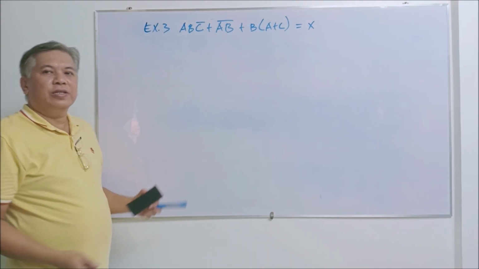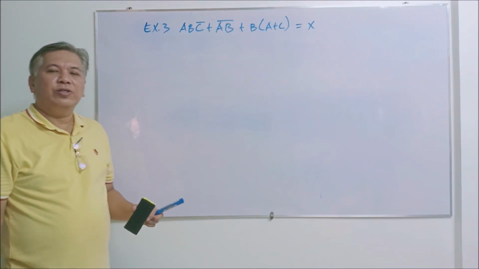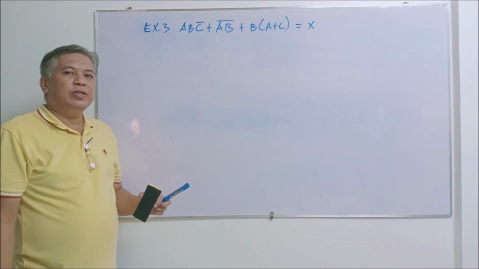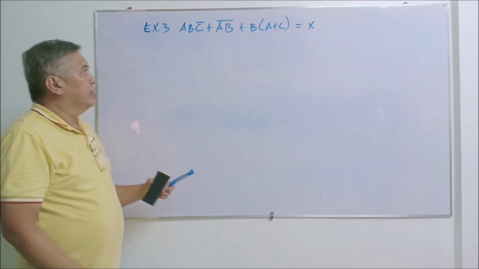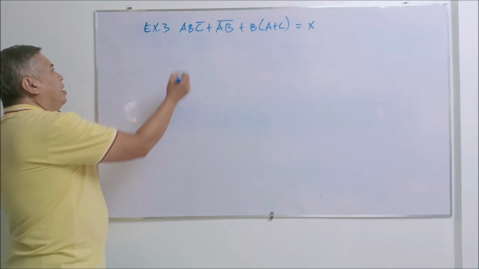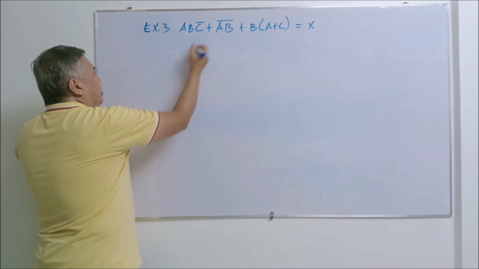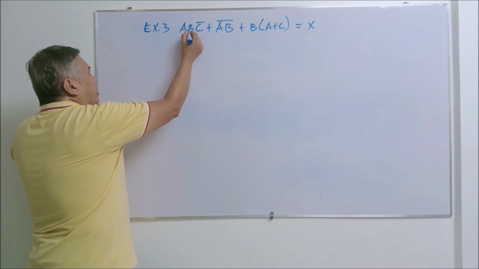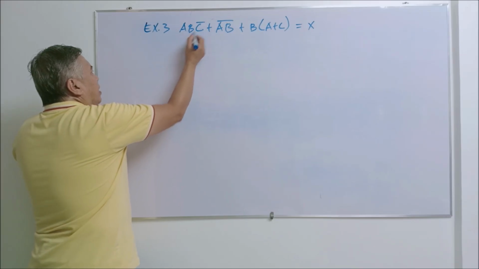We have here another example of a Boolean equation, and we want to represent this using a Boolean or logical circuit. So again, we have A, B, C complement. This will be represented by an AND gate, A times B times C complement, or A and B and C complement.